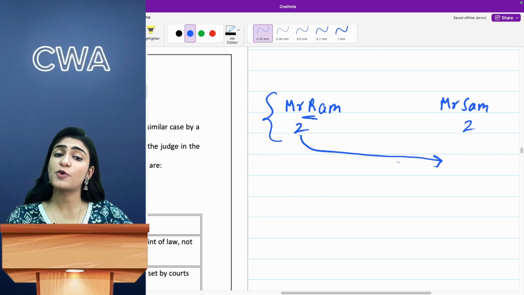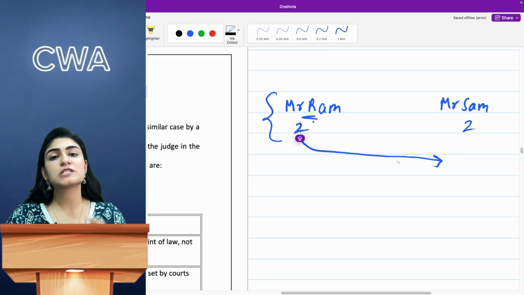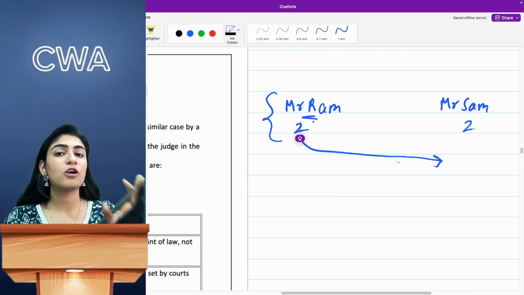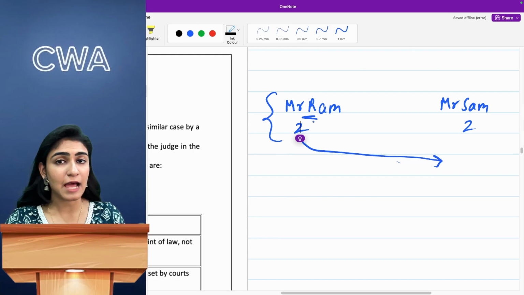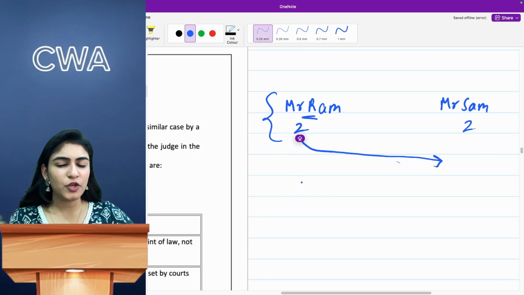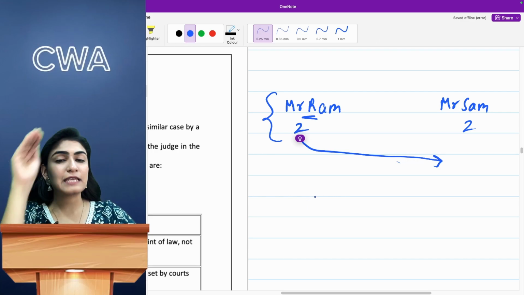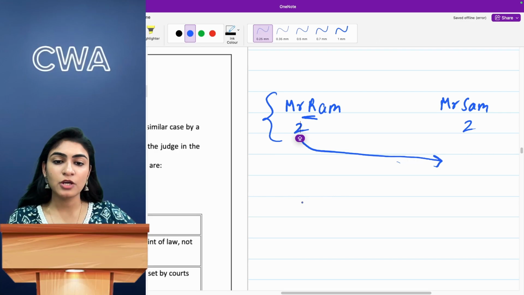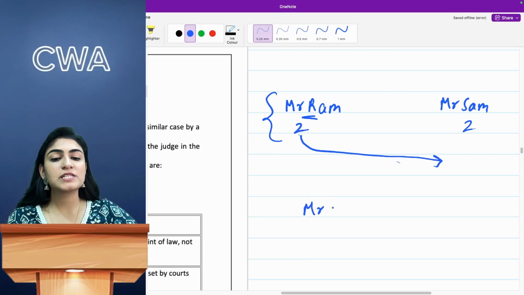So as it was the responsibility of Mr. Ram, Mr. Ram is liable to pay all the damages to Mr. Sam.